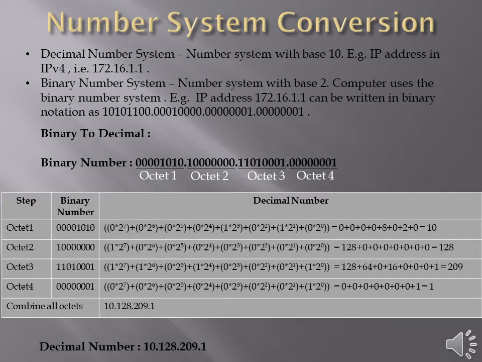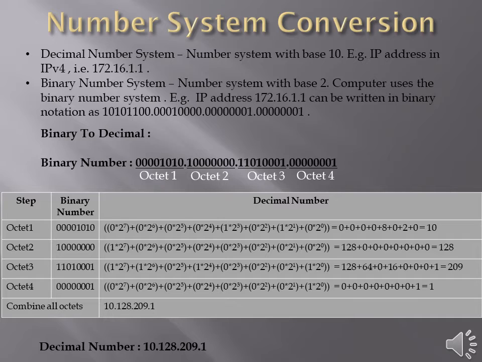So on the right hand side of the equal sign in octet 2 you can see 128 plus 0 plus 0 plus 0 plus 0 plus 0 plus 0, because all are 0, so only 128 would be considered and the final output would be 128.